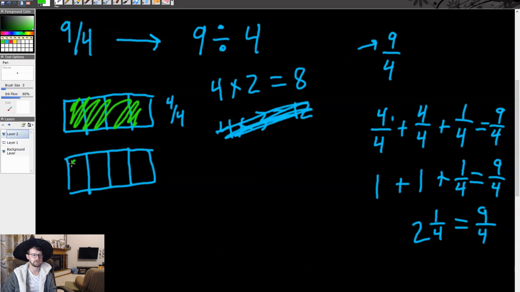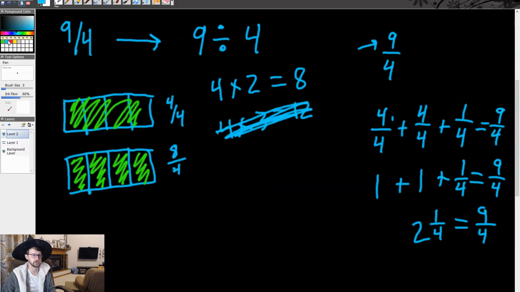Now I have 5, 6, 7, 8. See how I'm organizing my fourths into wholes? I need one more because now I've only used 8 fourths.